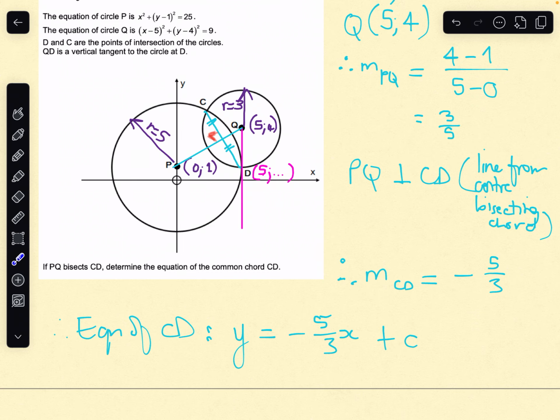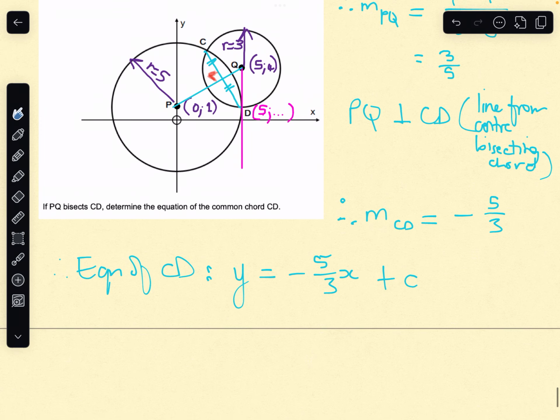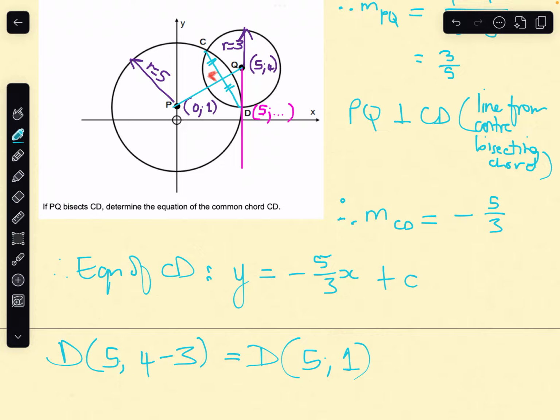And so the coordinates of D are actually not hard at all to find. So the coordinates of D are 5 and 4 minus 3. So the coordinates of D are 5, 1, right? 3 being the radius of the smaller circle.